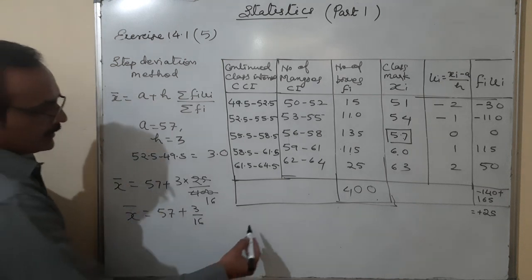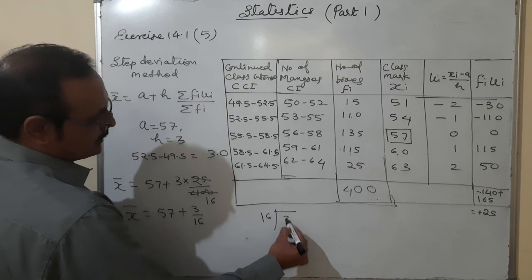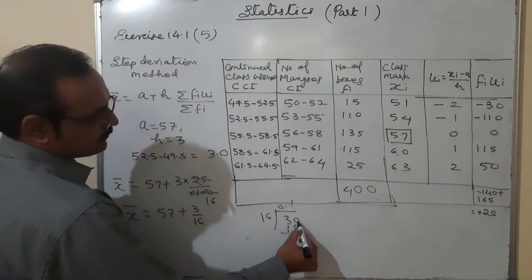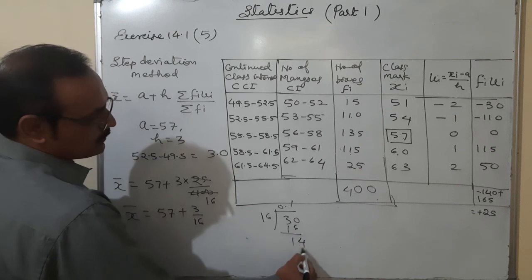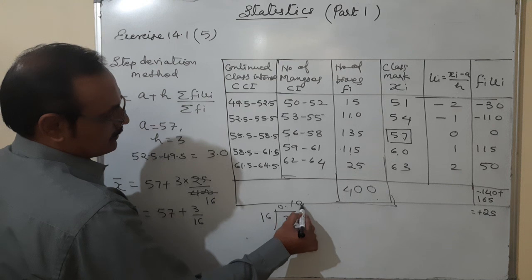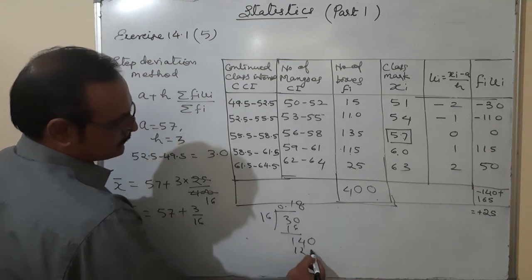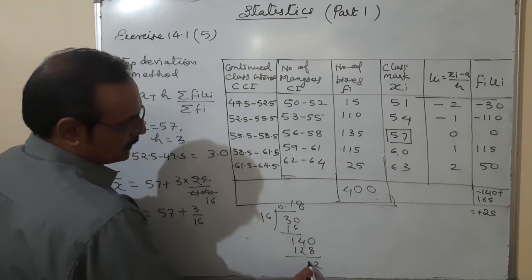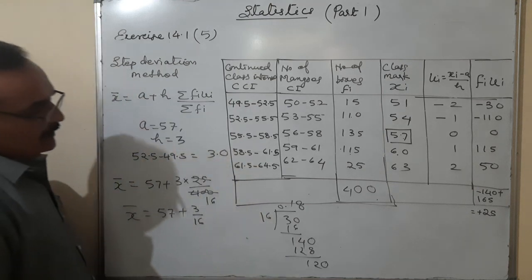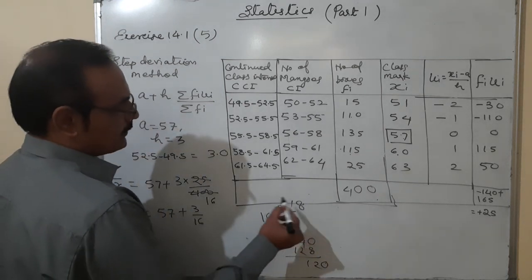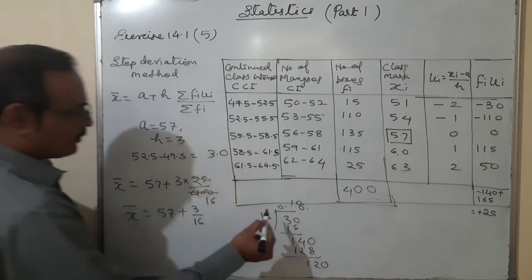So what should be done here? Simply divide 3.0 by 16: 16 times 1 is 16, 30 minus 16 is 14, and so on. It is coming 0.187.